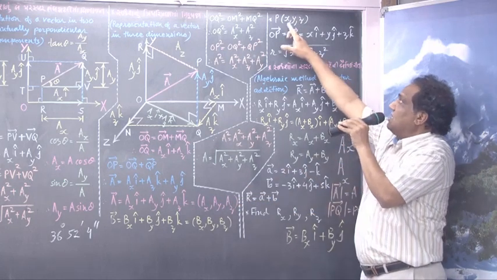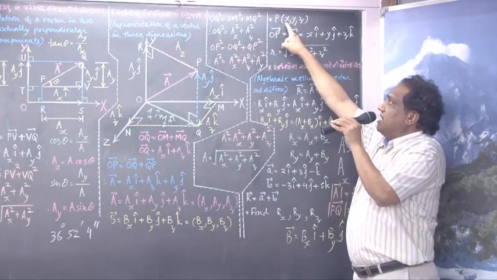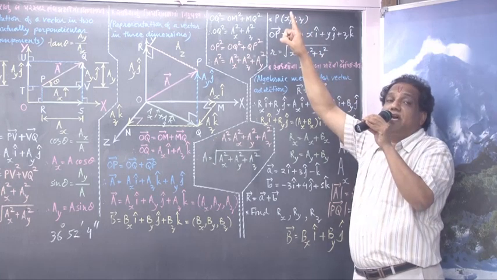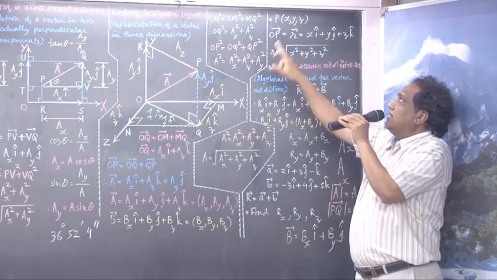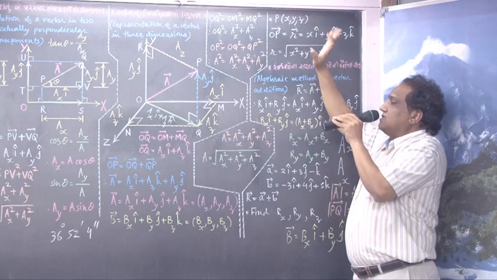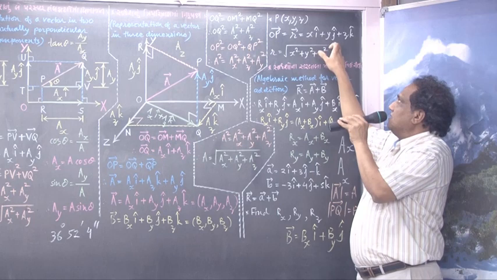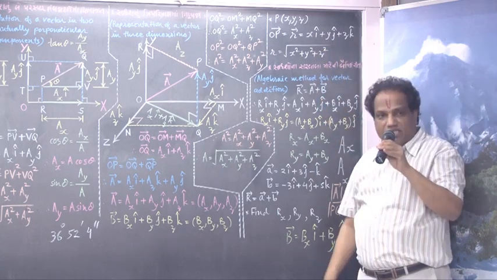These are the 3 components. Just multiply this with I hat, this with j hat, and this with k hat, and write their addition. From these coordinates, if you want to write vector r, it is x I hat plus y j hat plus z k hat.